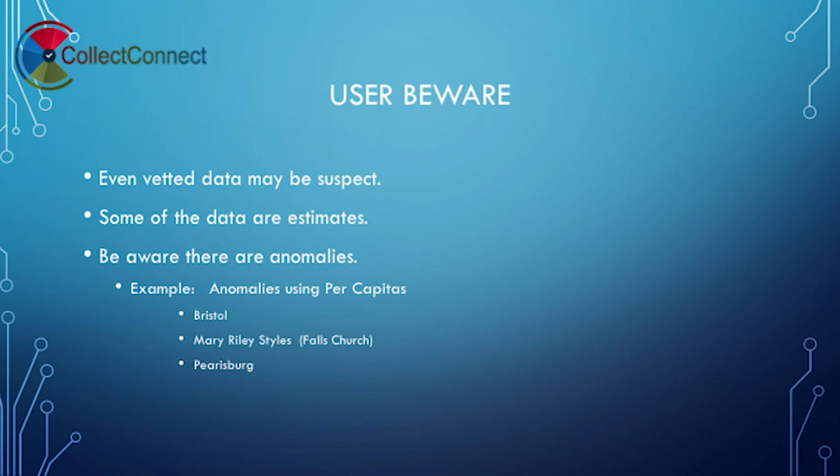3 examples. The LSA population of Bristol, Virginia is approximately 17K, but the library also serves Bristol, Tennessee, and Sullivan County, Tennessee, which has a population of more than 32K. The LSA population used in computing per capitas is actually 1/3 of the actual population using the library.